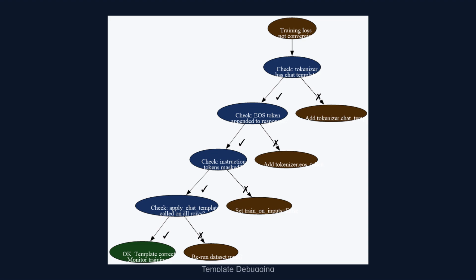Third, confirm that instruction tokens are masked so the model only computes loss on the assistant's outputs, not the user's inputs. Fourth, make sure the template was applied to every row in the dataset, not just a subset. Work through these checks in order. Most template-related training failures trace back to one of these 4 issues, and the flowchart tells you exactly what to fix in each case.